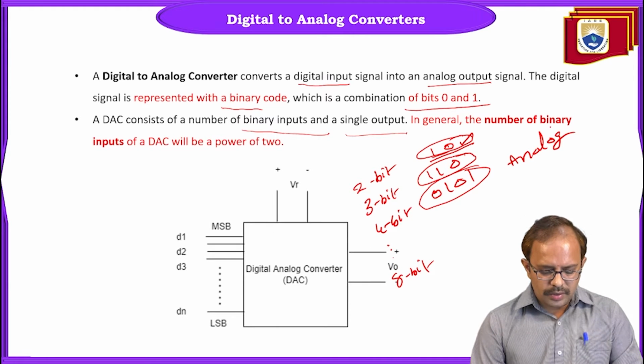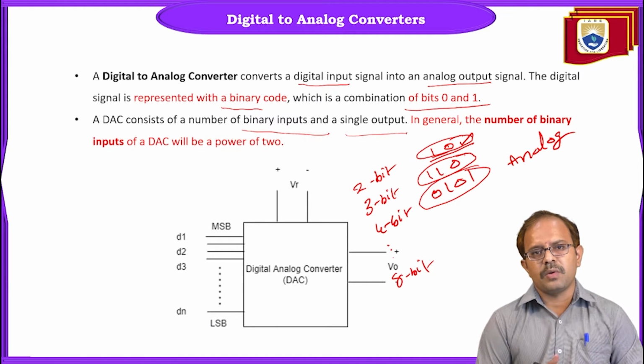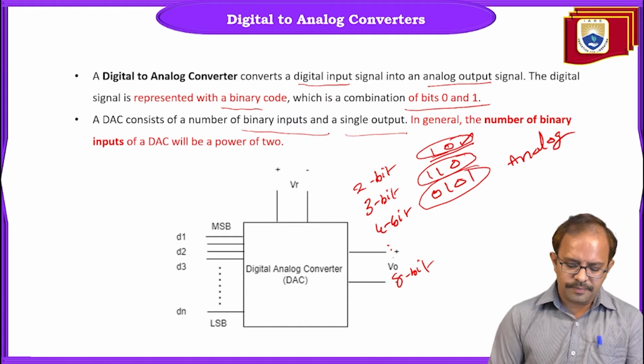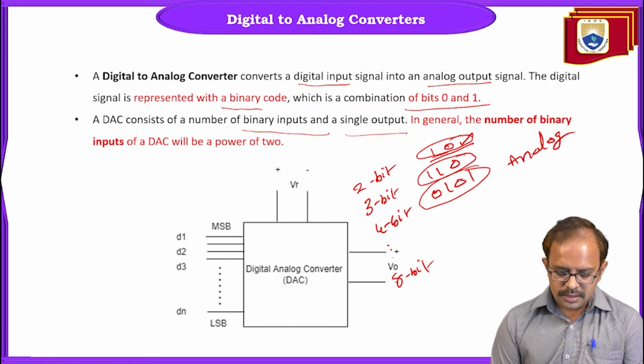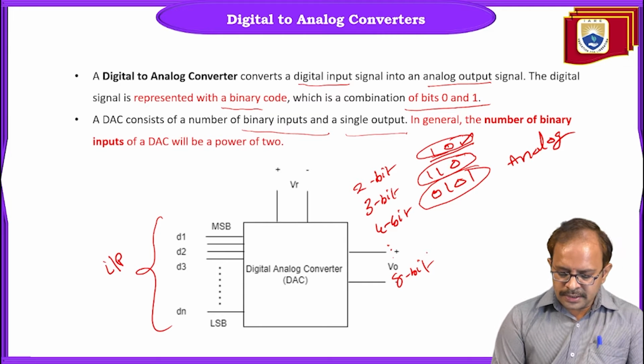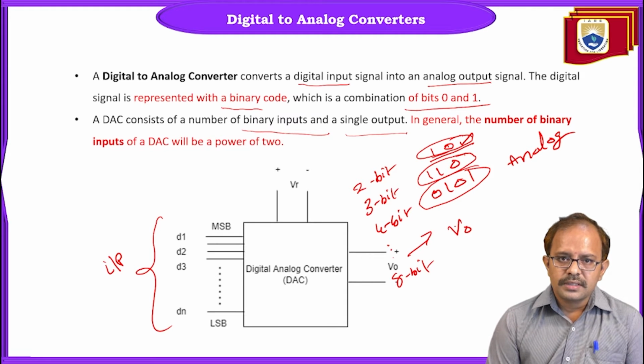And now let us look at the basic functional block diagram of the digital to analog converter. So here we can see this is my input, and in the output I am going to get an analog signal, let us say some volts, right?